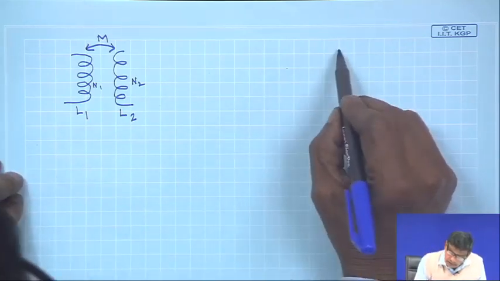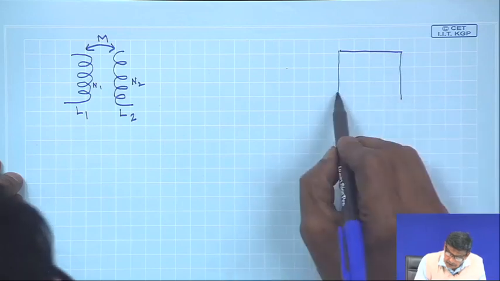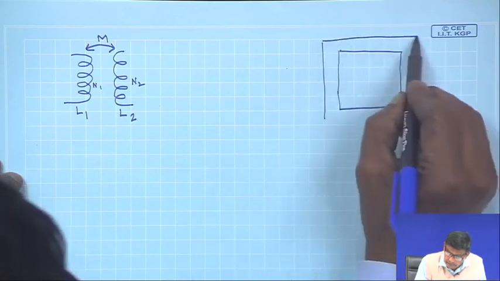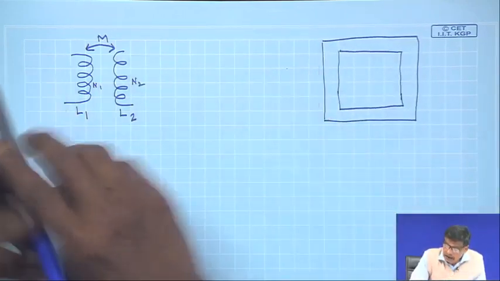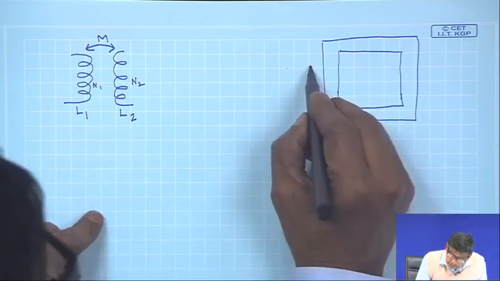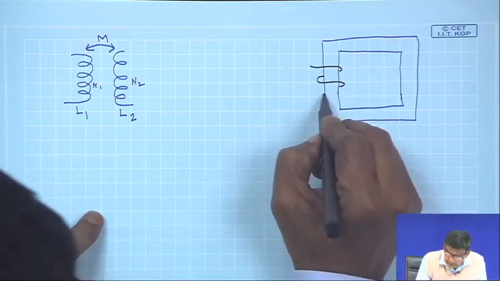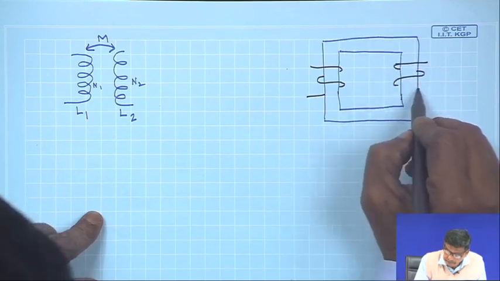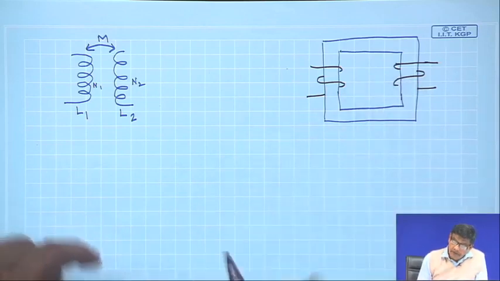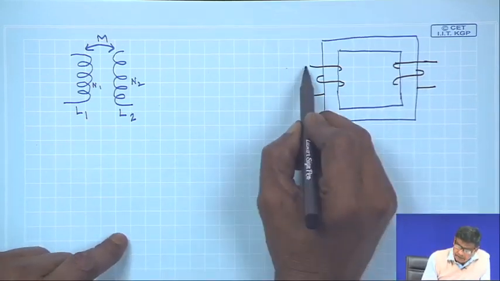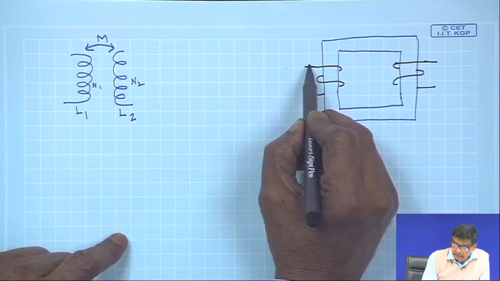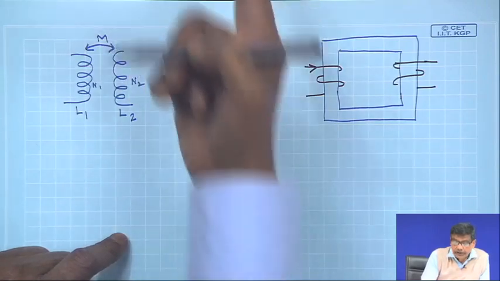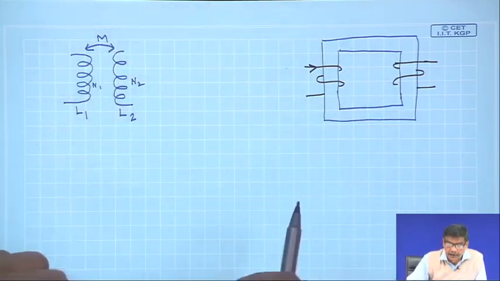Now, suppose you have got 2 coils like this, and this is the sense of the winding. If you pass some time varying current instead of DC current, based on which we have defined the inductances, I1 could be anything.